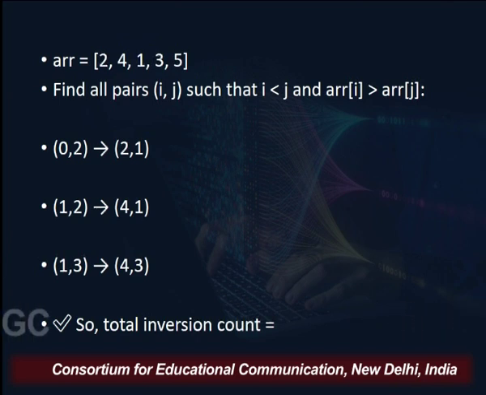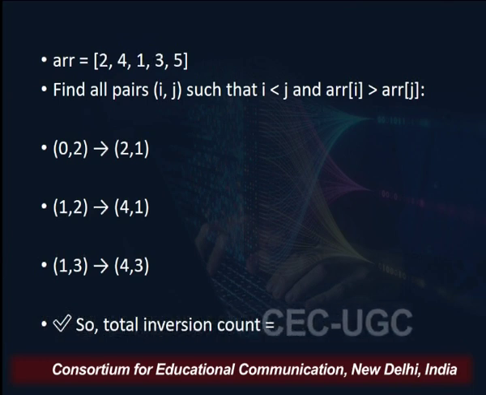So, in order to find the inversion count, we need to find all the pairs i and j such that i is less than j, but ARR of i is greater than ARR of j. That means the index is less, but the actual element is greater.